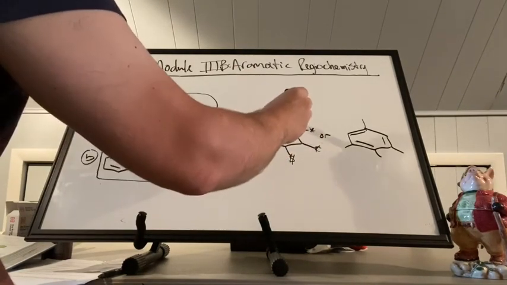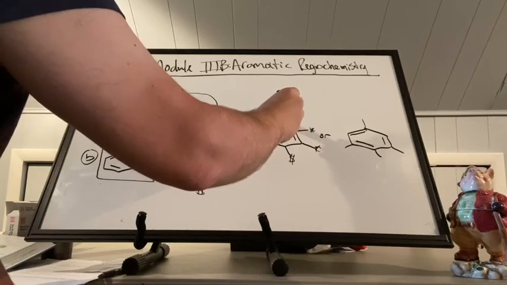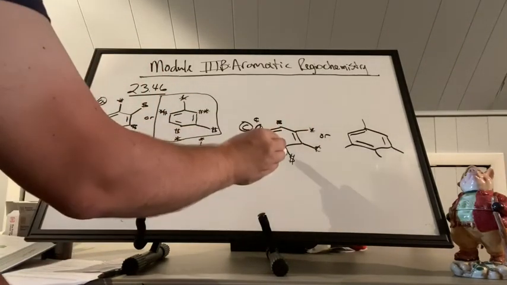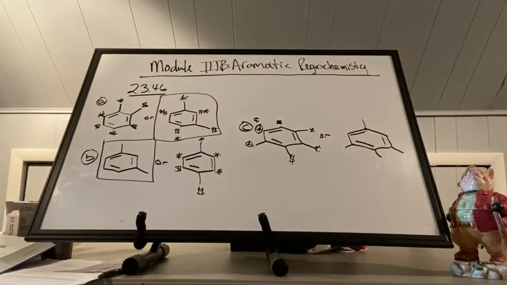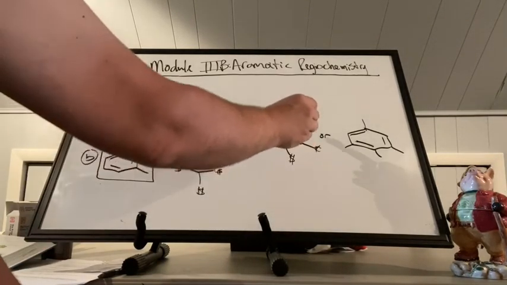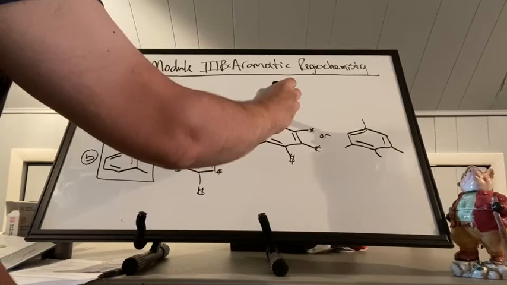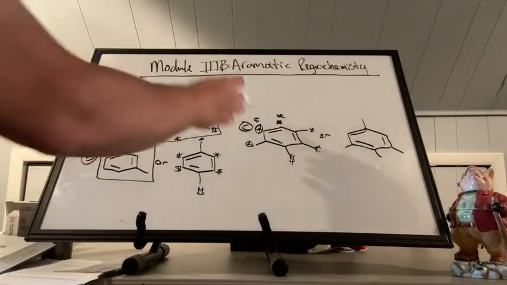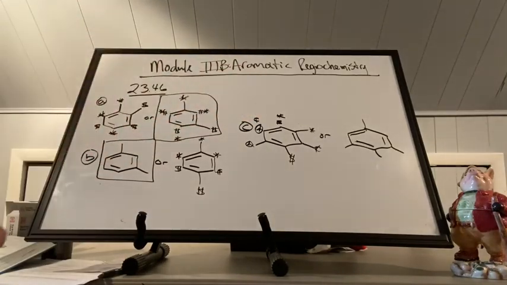So now, dollar sign, again, para with respect to where that dollar sign methyl group is, and then ortho relative to where that asterisk is. So both of these are going to be doubly activated versus this guy right here.